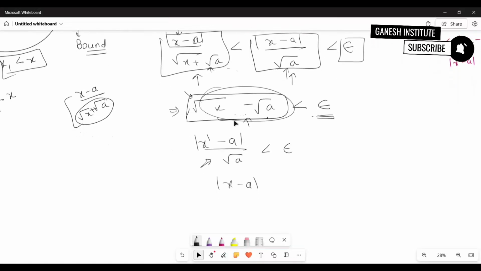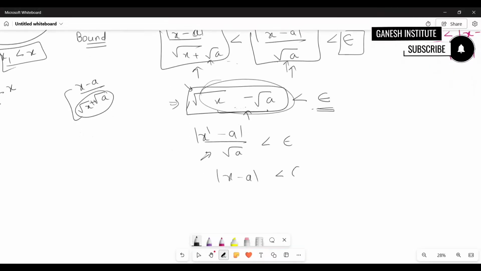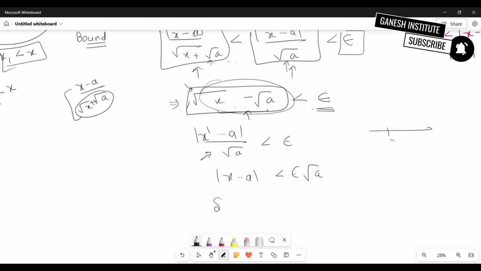Now, if you have substituted, you just take this root here. Now you need to choose something like delta, provided a limit. So initially you got x here, a here, a by 2 here. This is what you have assumed. Now you assume delta, which is bigger than this value.